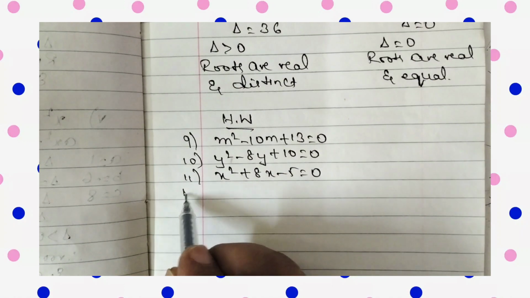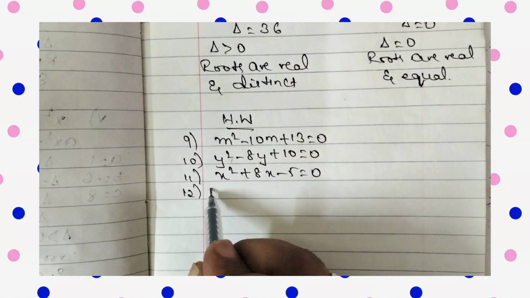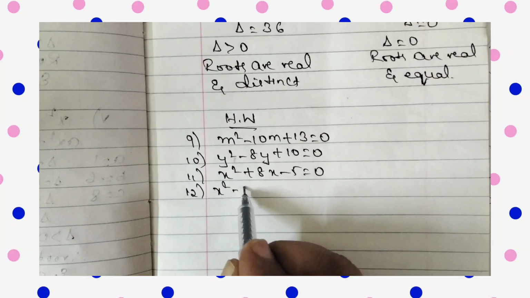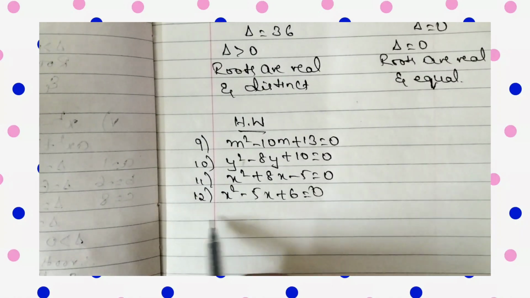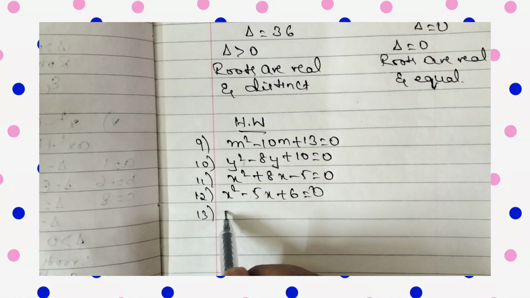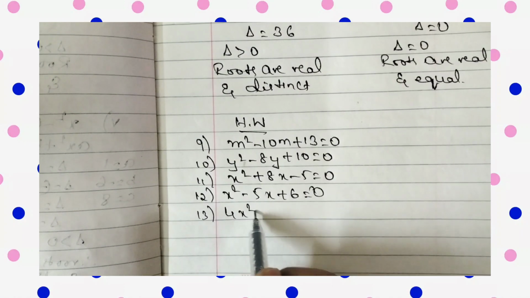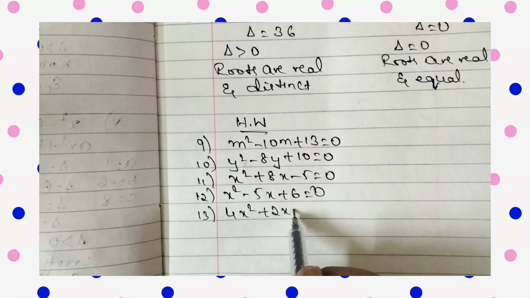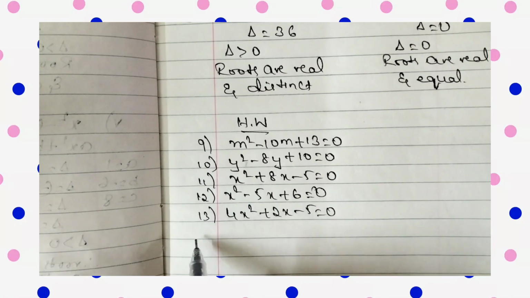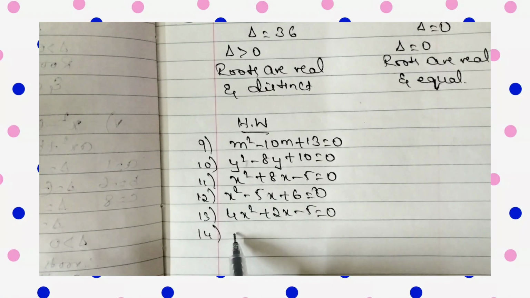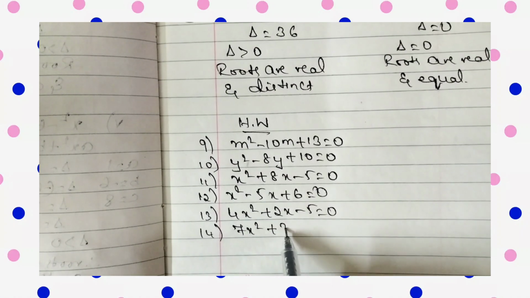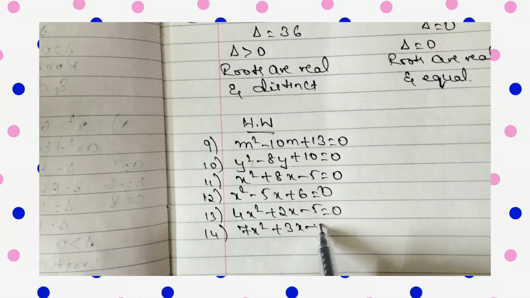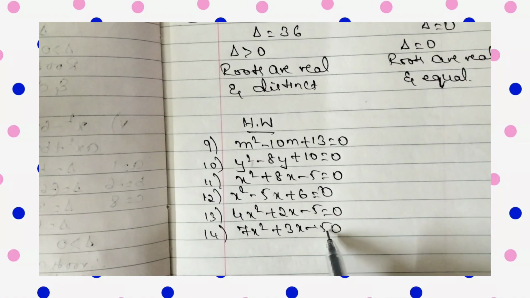Then question number 12, x square minus 5x plus 6 is equal to 0. Then question number 13, 4x square plus 2x minus 5 is equal to 0. Then question number 14, 7x square plus 3x minus 5 is equal to 0.